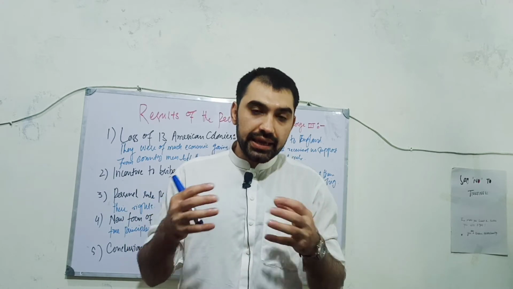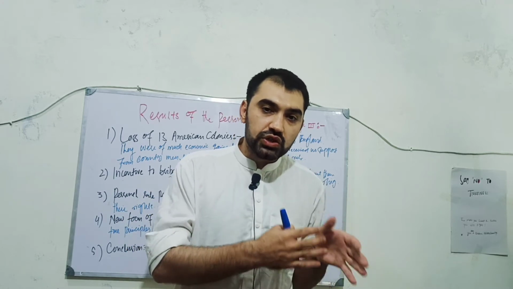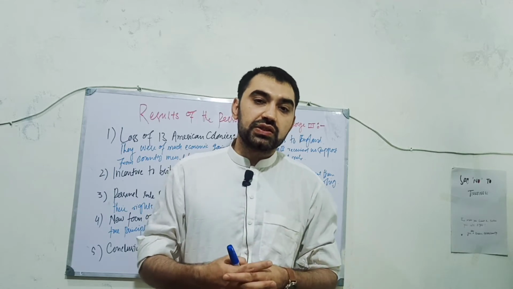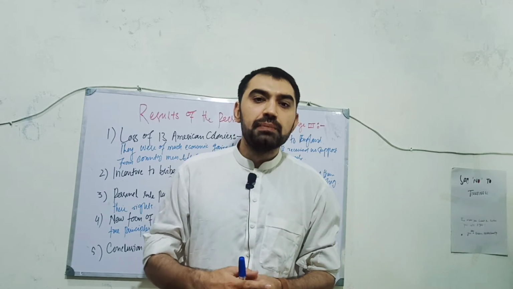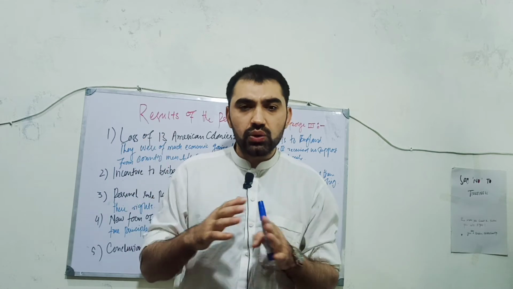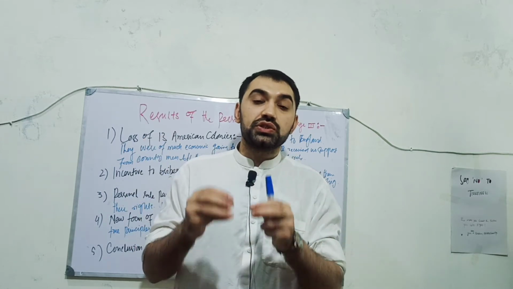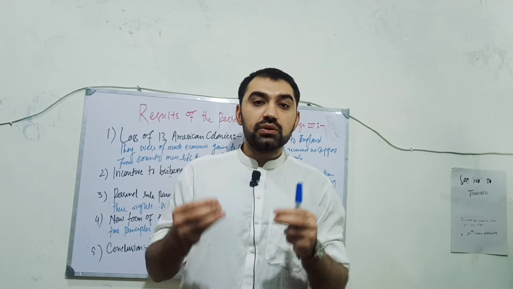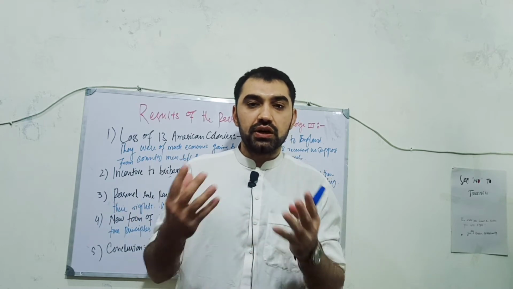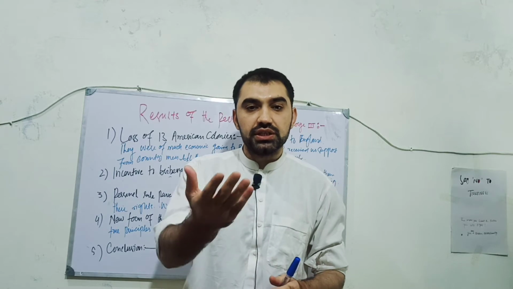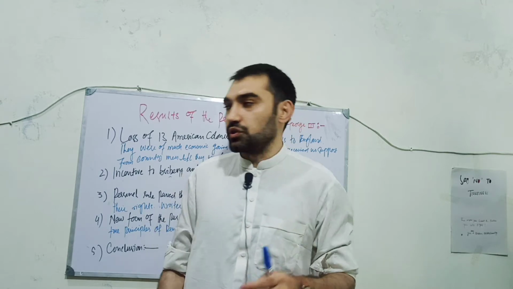So the lack of support from the countrymen resulted in the loss of the 13 American colonies. We are not going into detail on the causes of the loss, which is really a different topic, but we are talking about the results of the personal rule of George III, that is, the loss of the American colonies.